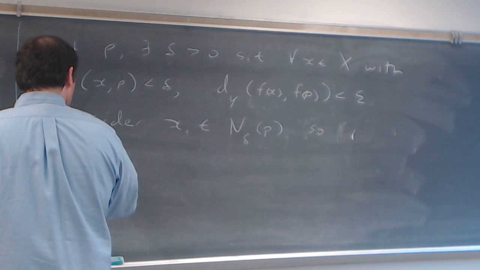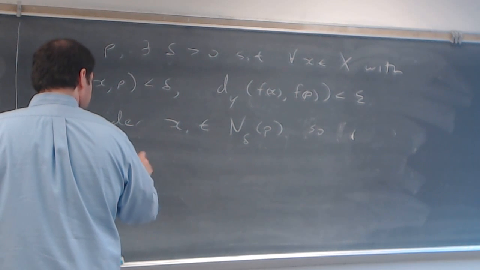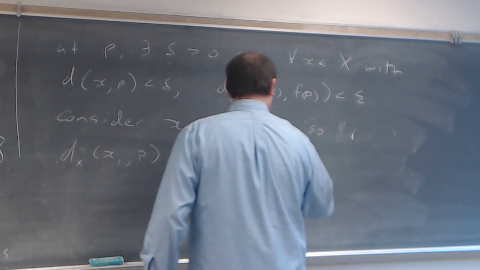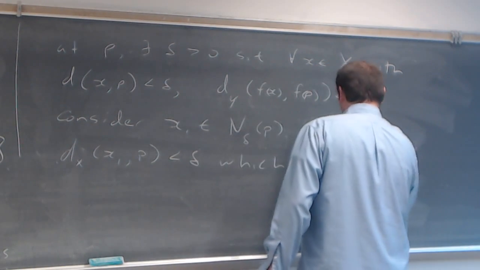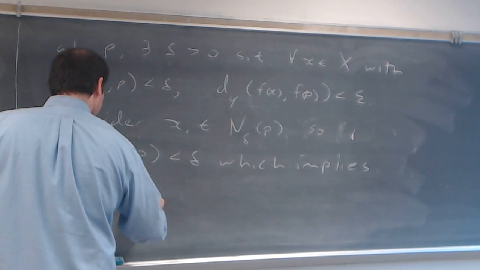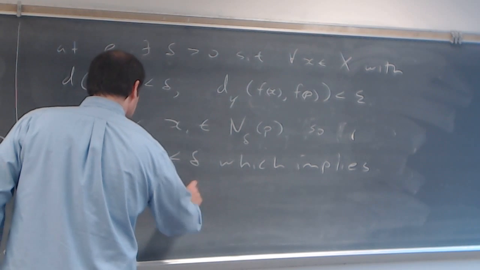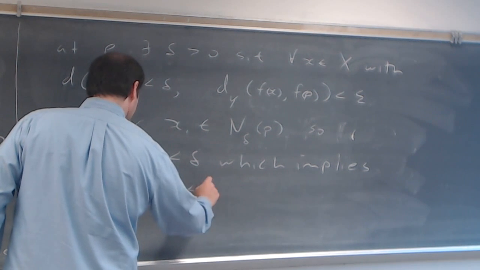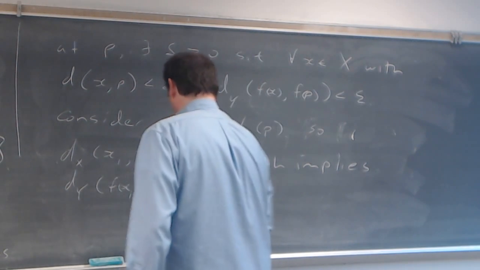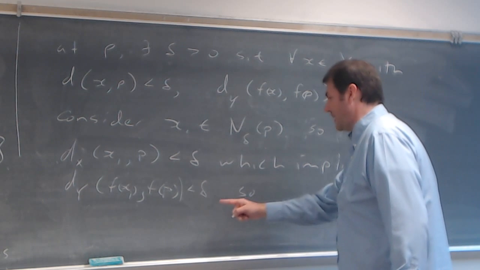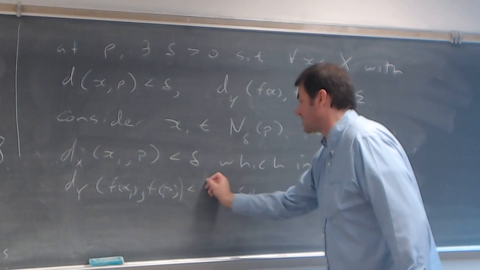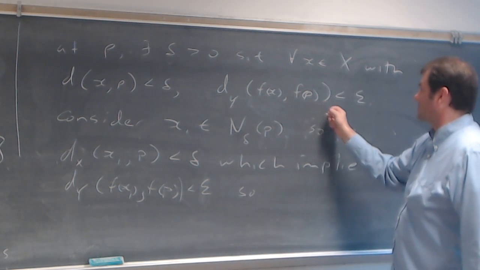The distance in X between x sub 1 and p is less than delta, which implies, I'm sorry, that the distance, because of the continuity, between f of x and f of p is less than epsilon. And so here this should be x sub 1. Now I'm on the right train of thought, it's less than epsilon. That's what this should be because of the continuity.